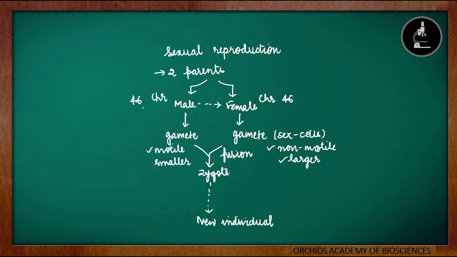For example, if the male has 46 chromosomes, the gamete will have half of 46, that is 23. Similarly, even the female gamete will have 23. Now, when the fusion of these gametes happens, this 23 plus 23 will give rise to 46 chromosomes again. So we have to always remember that the gametes have half the number of chromosomes as compared to the body cells. So this is about the sexual mode of reproduction.